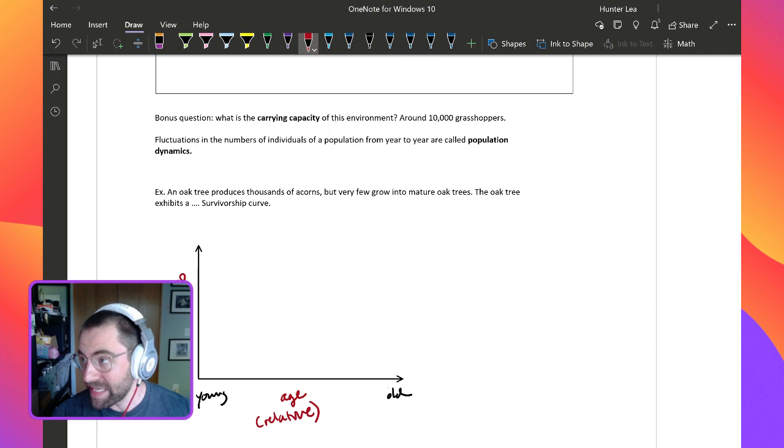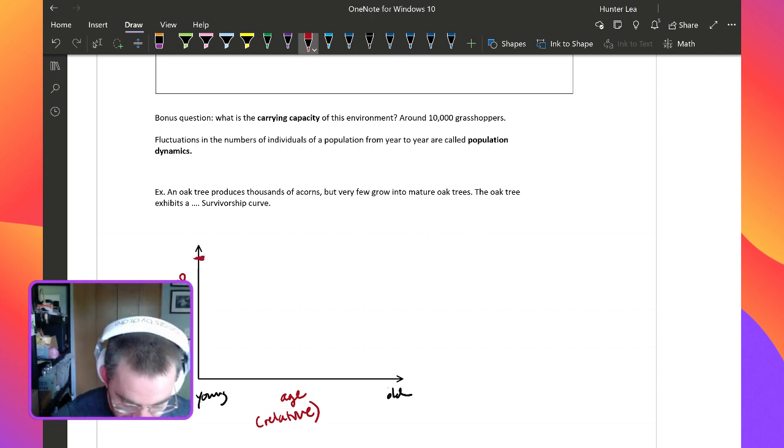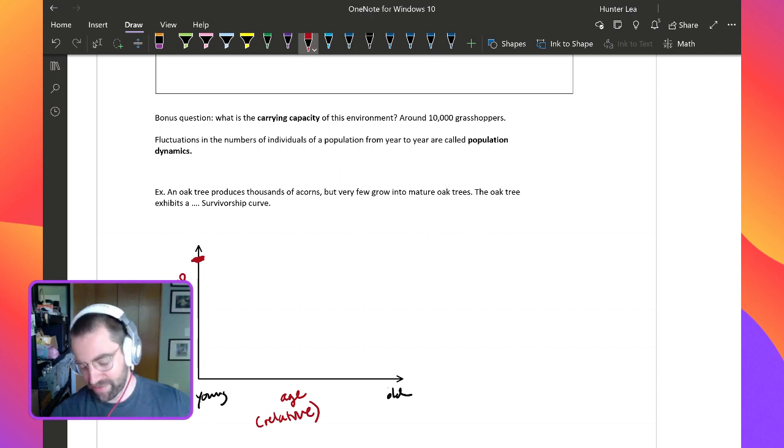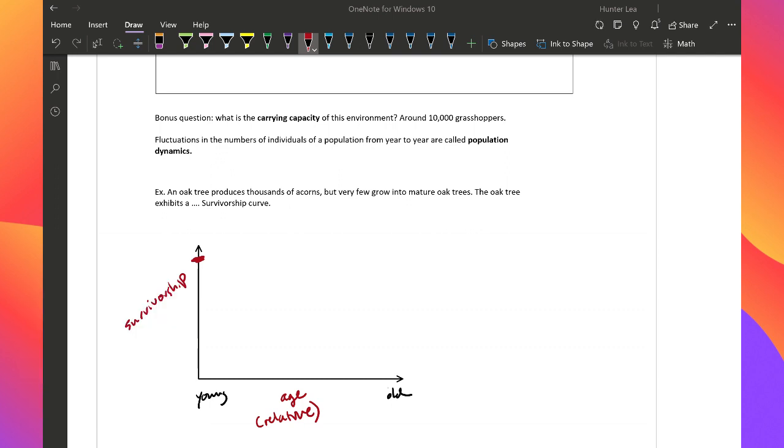For a type 3 curve, an oak tree produces thousands of acorns. So we have tons and tons of young acorns, but very few that grow into mature oak trees. Let me make sure that you can actually see what I'm drawing here. We're going to hide my face again so that you can see this whole chart.